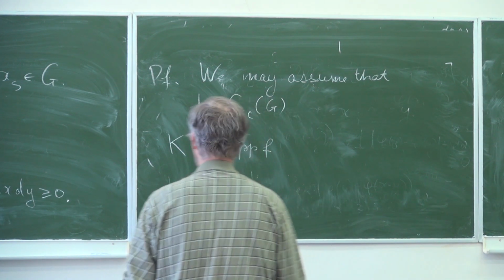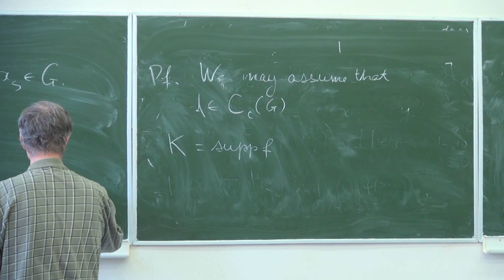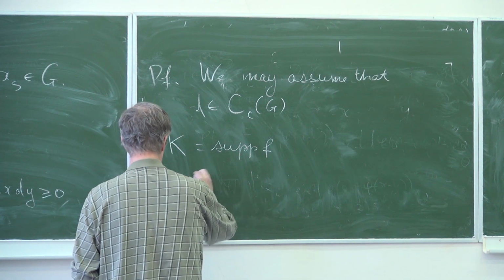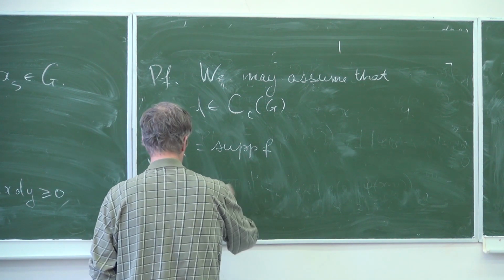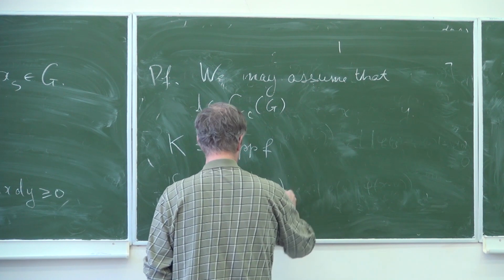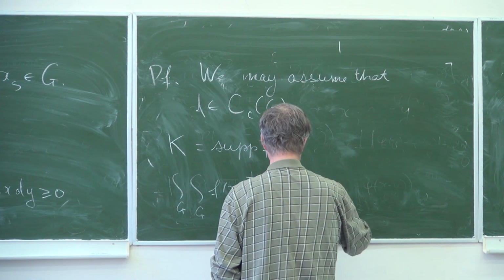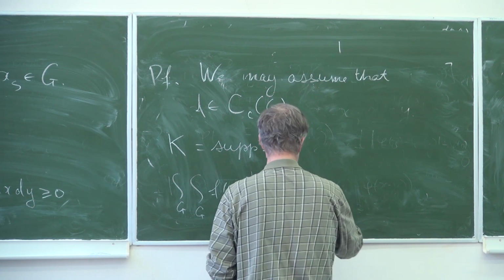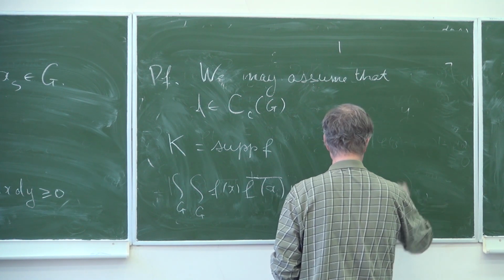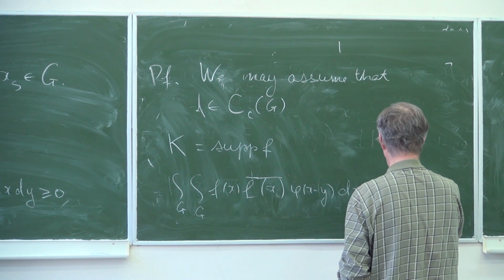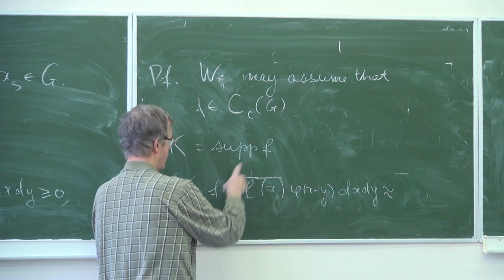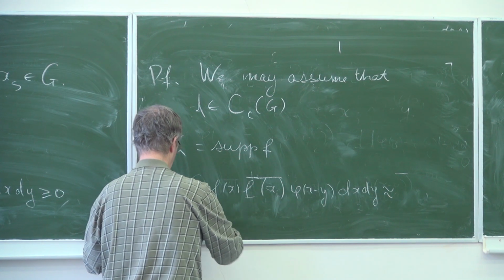That is, I can write that this integral over G, f of x, f bar of y, phi of x minus y dx dy is approximately equal to, so we replace on each portion, in fact this is over k cross k.